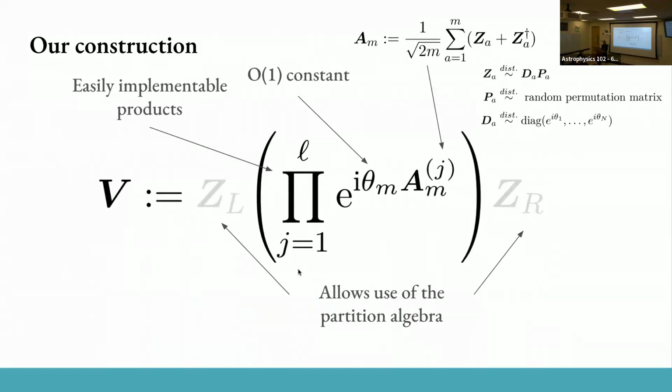And this is what our analysis relies on. Here I wrote it allows use of the partition algebra. What this means is that because we're applying a random permutation before and a random permutation after, V now has some symmetry, namely it's invariant to random permutations.